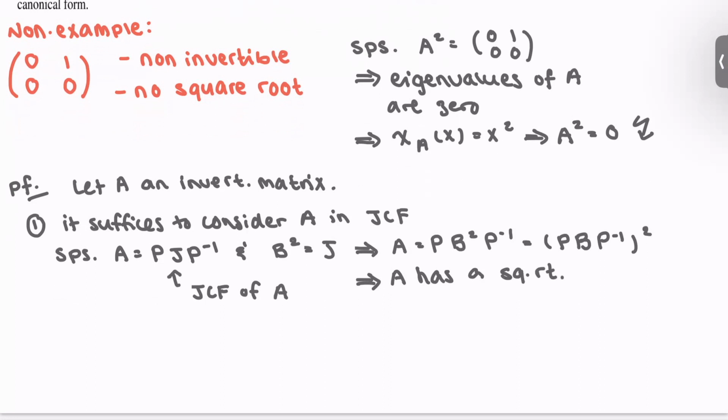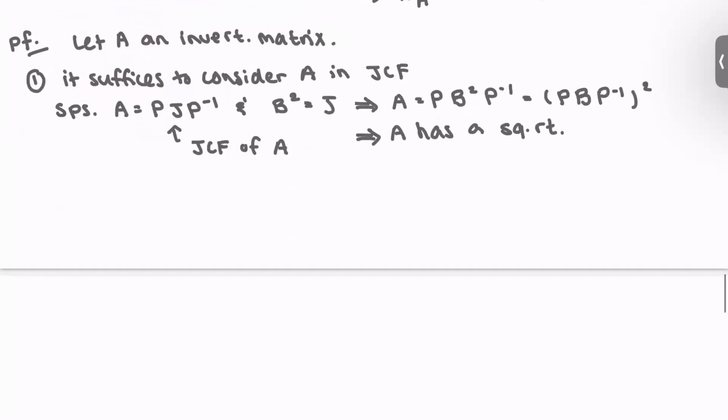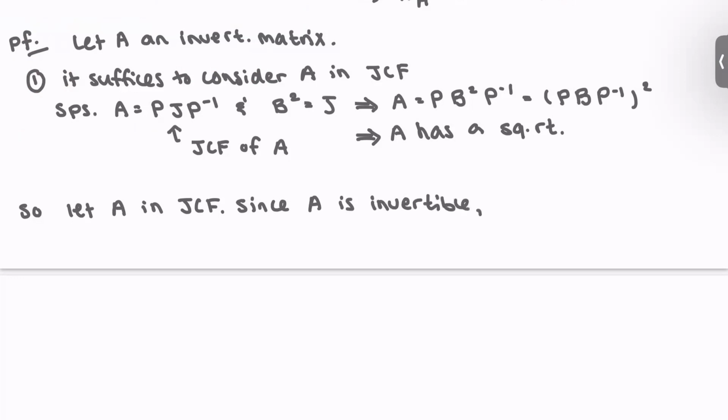All right, so let's assume that A is already in Jordan canonical form. And so maybe I'll write that first. So let A be in Jordan canonical form. Since A is invertible, all its eigenvalues are non-zero.